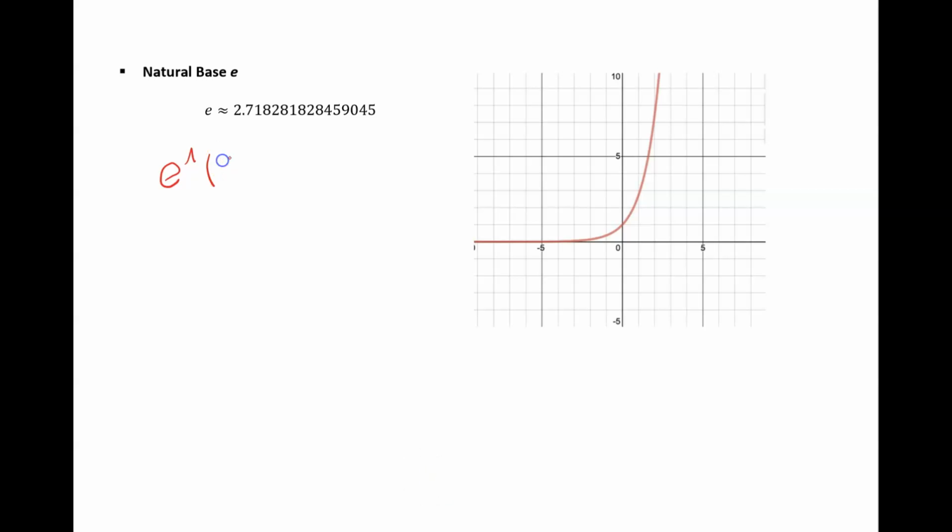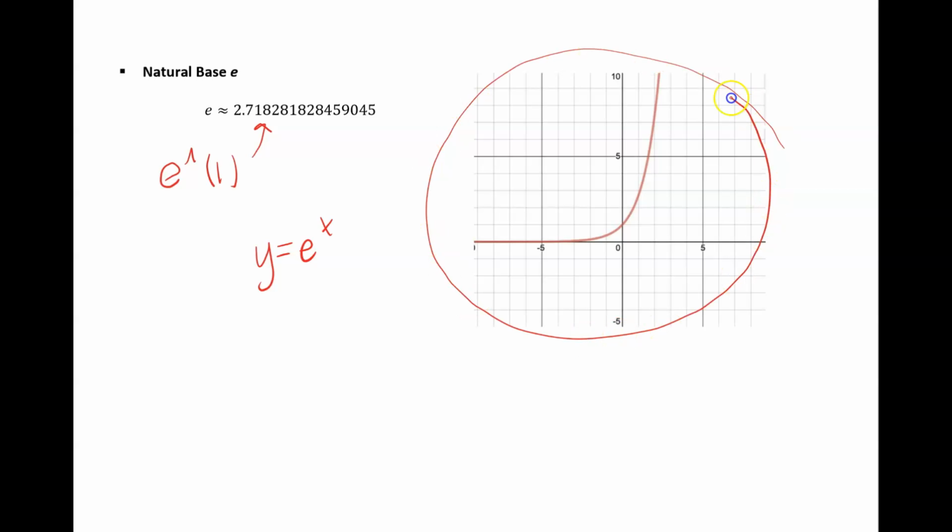So if we did this to the first power, this would be 2.718, etc. This kind of fits into the category like pi does, where it is a symbol that represents an exact number. And so that's why it has its special button. And we're going to see some of the ways it's going to help us in the future. But you can see that if I had y equals e to the x, that is an exponential function as well. You can see that its graph is beginning to look like the graphs that we've already experienced.